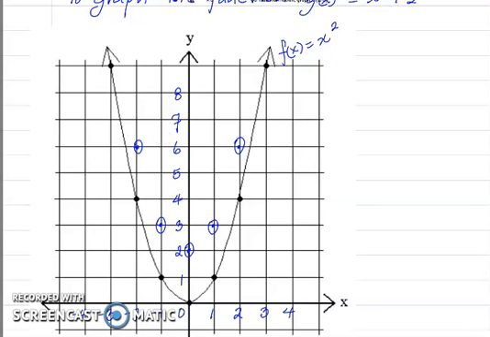Again, what we're doing is transforming the graph f of x is equal to x squared to graph the function g of x is equal to x squared plus 2. We already said in order to do this, all I have to do is move the graph of f of x, which is equal to x squared, 2 units vertically upwards. And how did we say we're going to do that? We simply move known points on the graph of f of x is equal to x squared 2 units vertically upwards. Then all that remains is for us to sketch our curve.